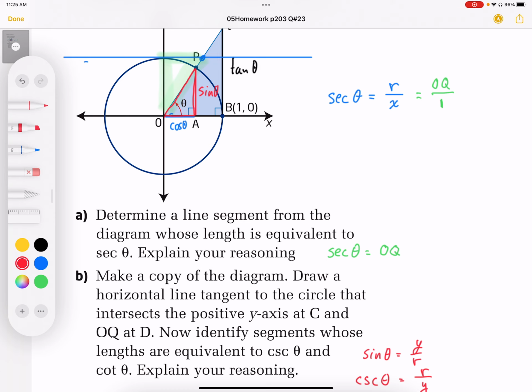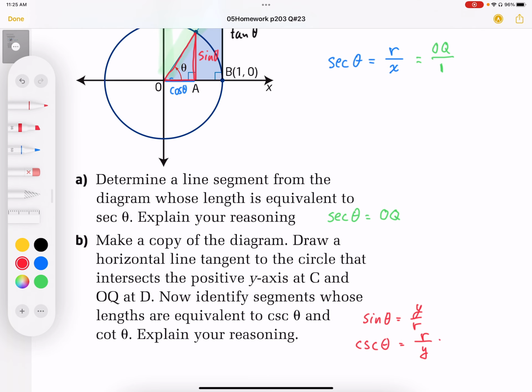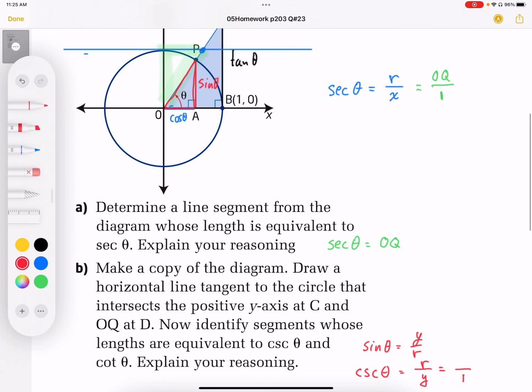So I can use the length in that triangle, but the reason why I want to do that is, notice that I wanted the y to be equal to 1. Well, in this triangle, this y value is equal to 1.